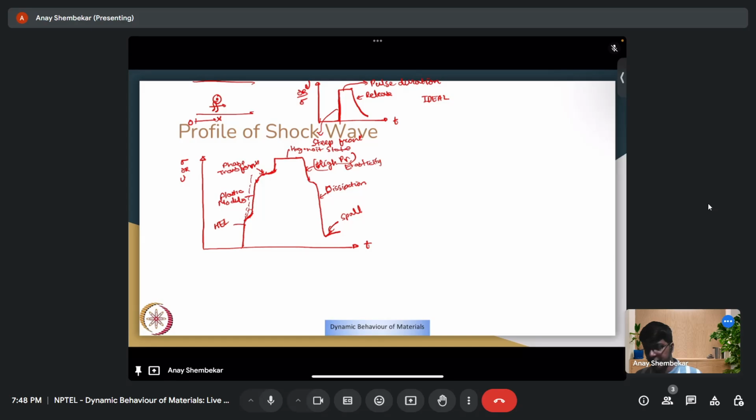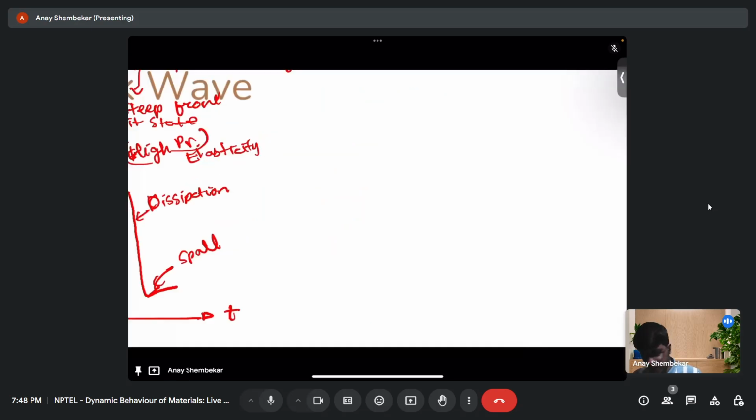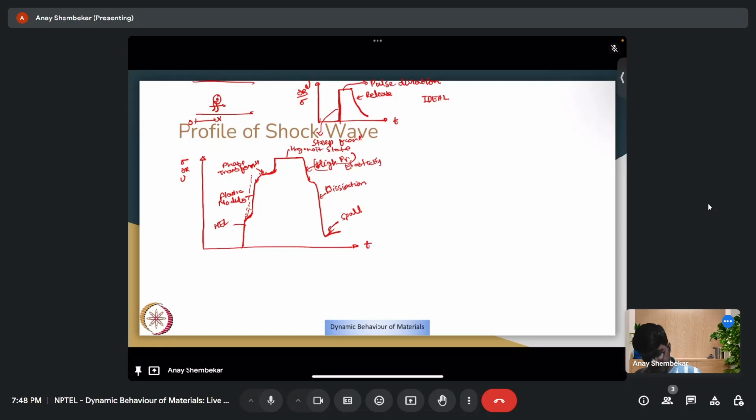Okay, so different regions. I'll just quickly walk through them. First, your pressure increases quickly in the elastic region till you reach the elastic limit. Then material deformation as per the plastic regime.